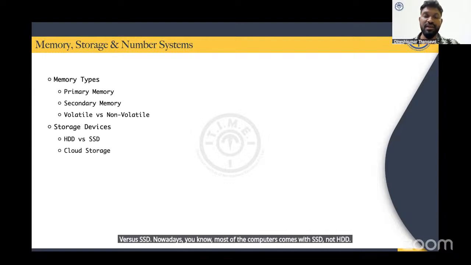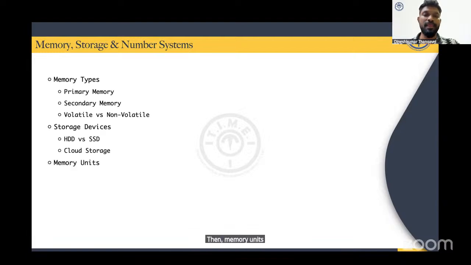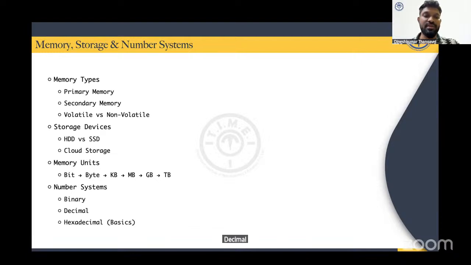Then the very famous cloud storage, a favorite question in modern computer science. Then memory units, starting from bit, byte, kilobyte, megabyte, gigabyte, terabyte. Number systems like binary, decimal, and hexadecimal. We have octal too, but I listed very few topics here.